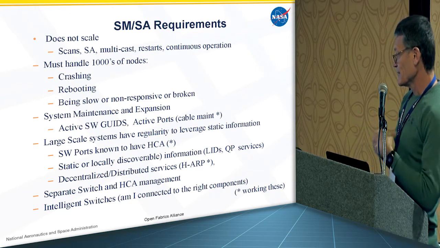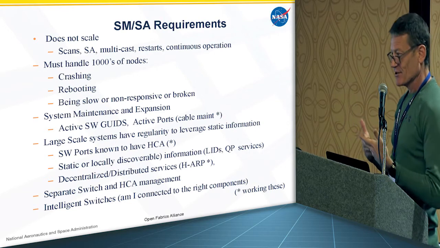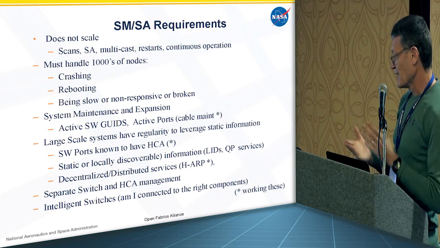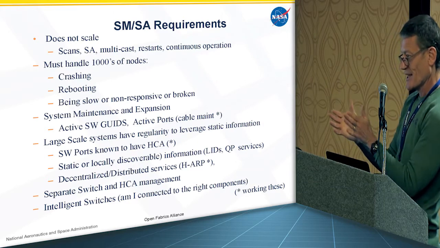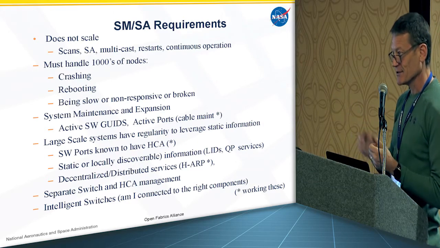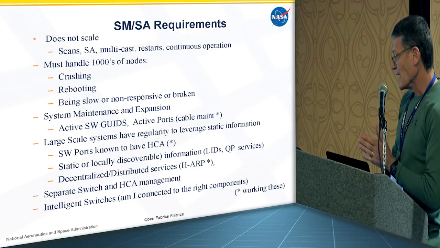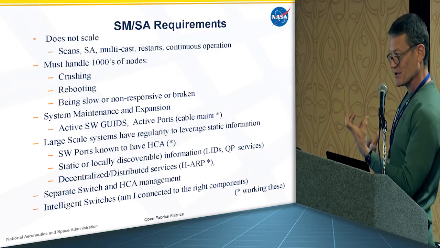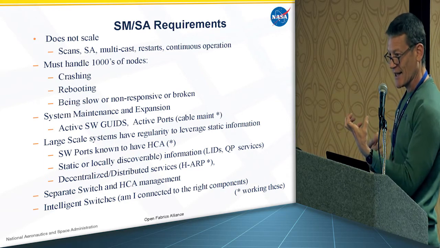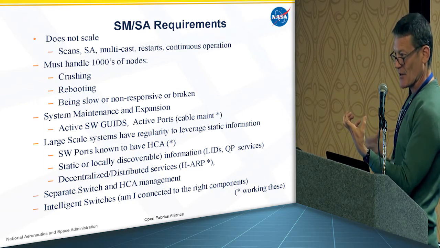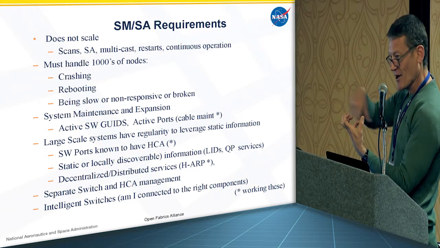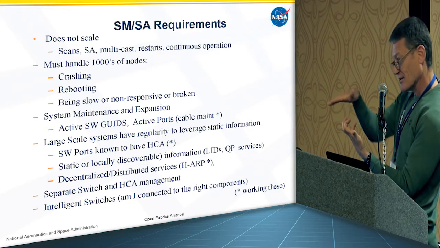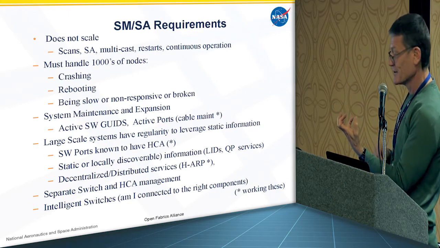And so decentralized or distributed services, static information, and really I think separating switch and HCA management is a fundamental change that needs to be made. That the routing piece between the switches is much more important than the node routing piece. And so that node routing piece should be static, right? That we know that the nodes are connected on all of these ports.